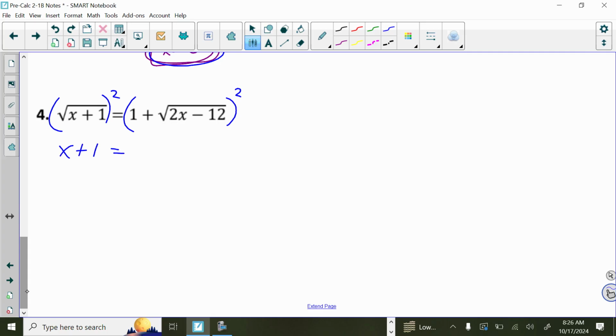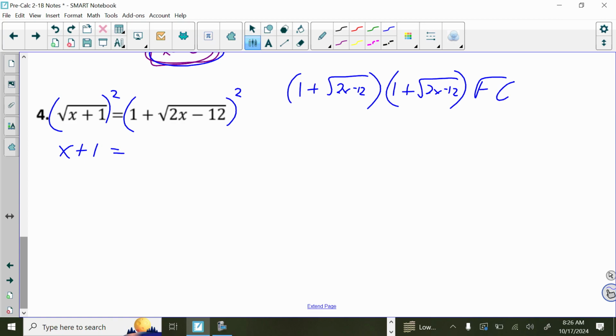But on the right-hand side, remember, you're basically saying 1 plus the square root of 2x minus 12 times 1 plus the square root of 2x minus 12, and you'll have to FOIL that part. So then it gets a little crazier. We know that 1 times 1 is going to be 1, and we know our outside term is going to be this squared, which is going to get rid of that.